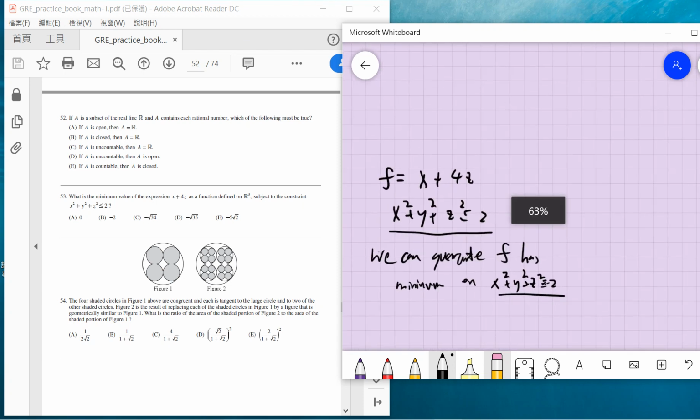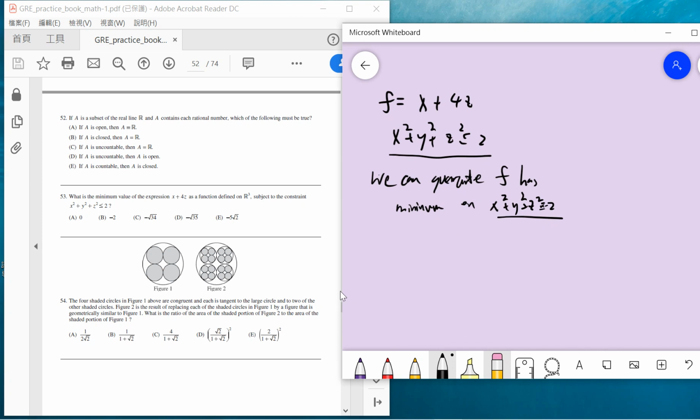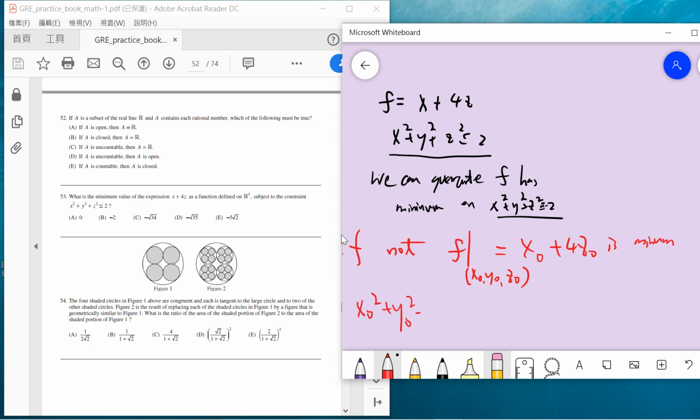And the reason is that if not, then f can take some value at x0, y0, and z0, where x0 plus 4z0 is the minimum. But now x0 squared plus y0 squared plus z0 squared will be some r squared, but smaller than 2.